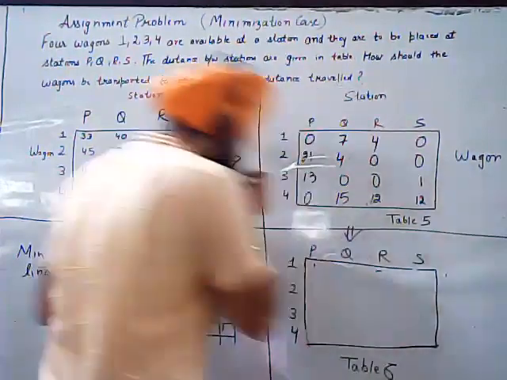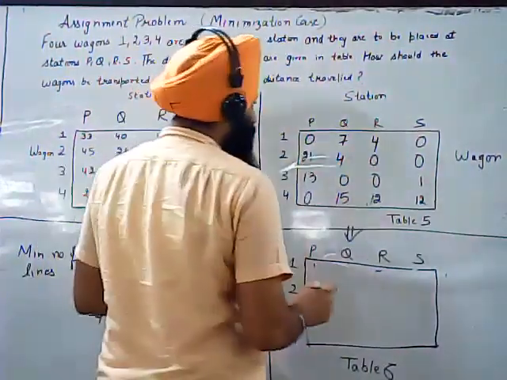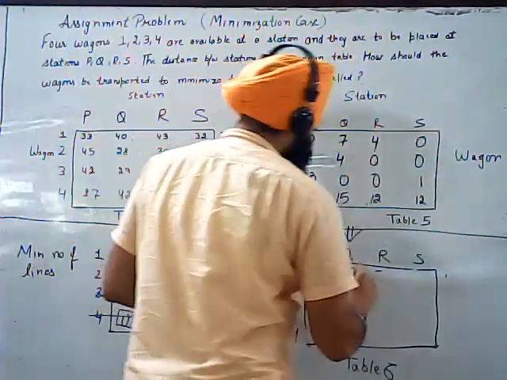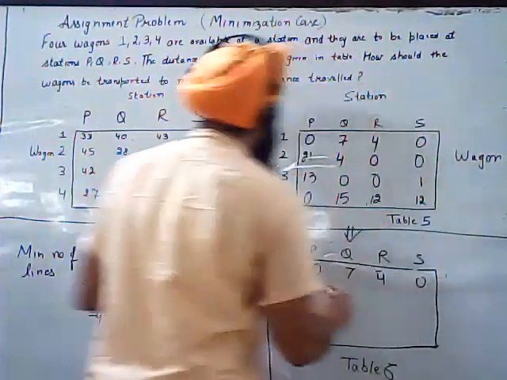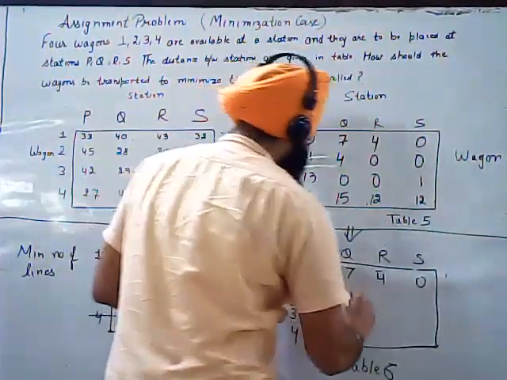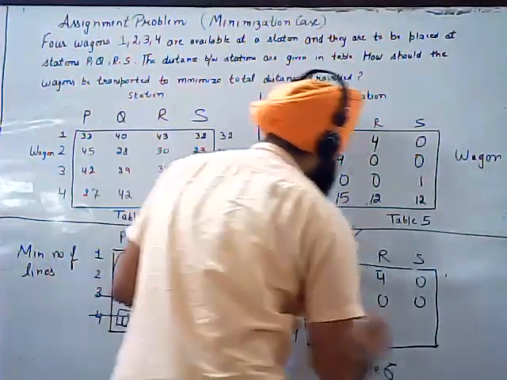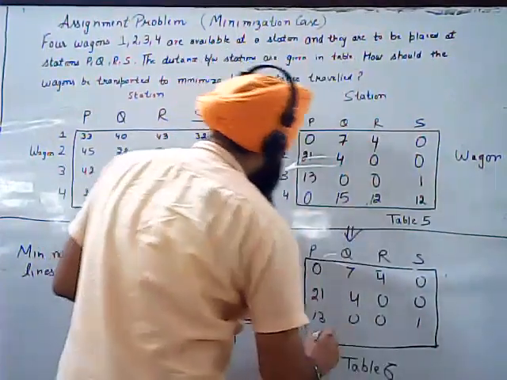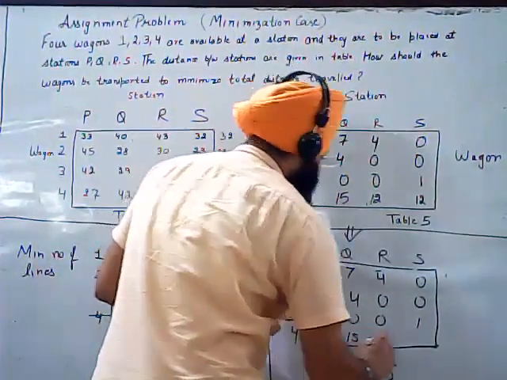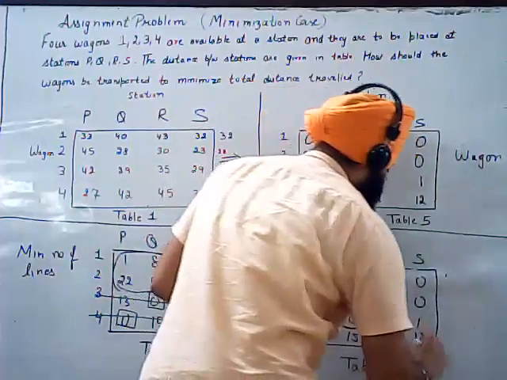Table number 6. So the values are 0, 7, 4, 0, 0, 7, 4, 0, 21, 4, 0 and 0, 13, 0, 0, 1, 0, 15, 12 and 12.